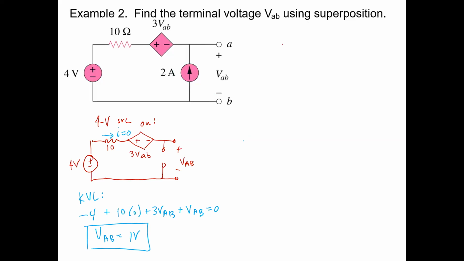We're going to turn off the voltage source, right? So with the 2 amp source turned on, we get a circuit that looks something like this.